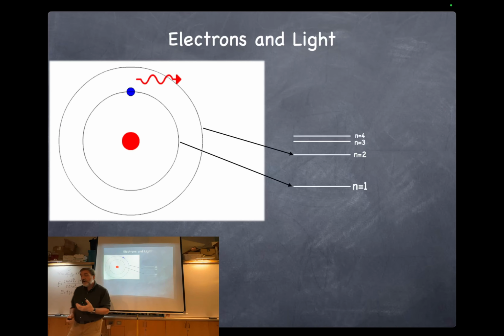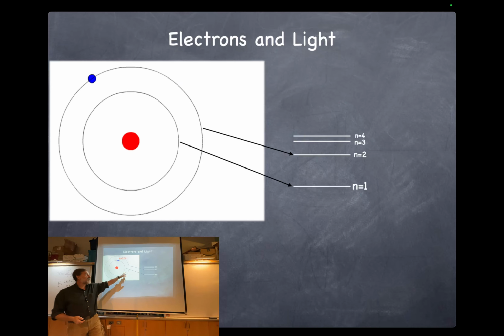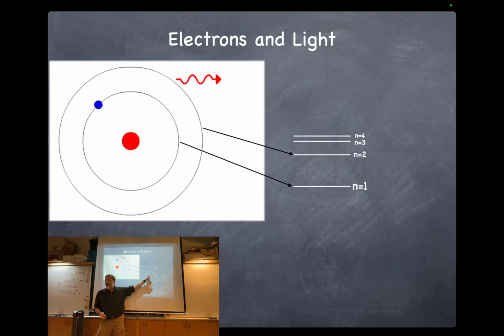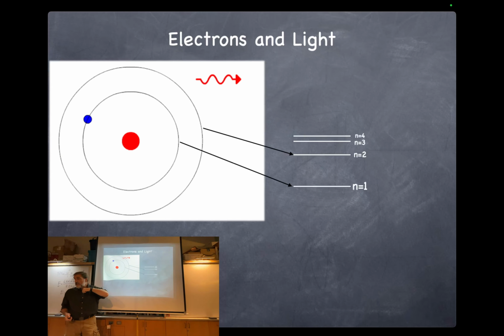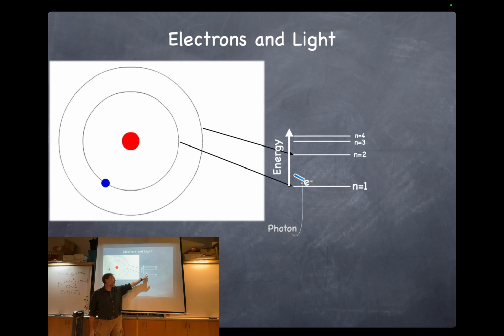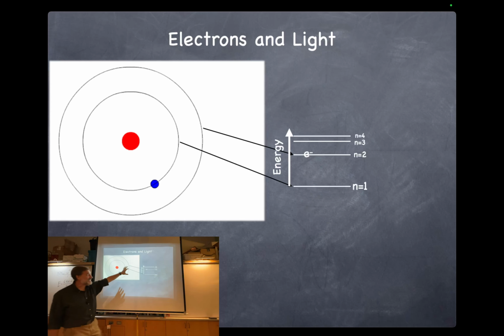An electron will start as close to the nucleus as it can get, and when it absorbs energy, it jumps up. The electron grabs energy, hit by a photon, and jumps up to a higher energy level. It can only absorb this exact amount of energy.